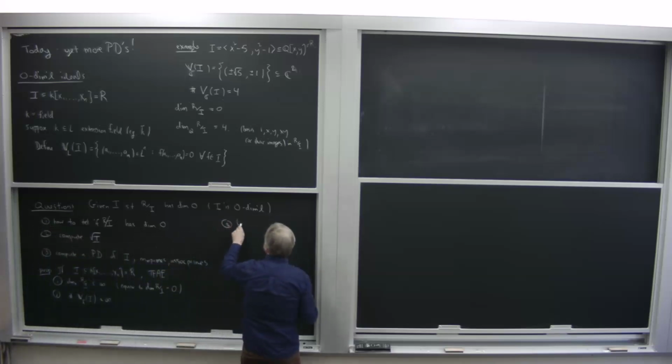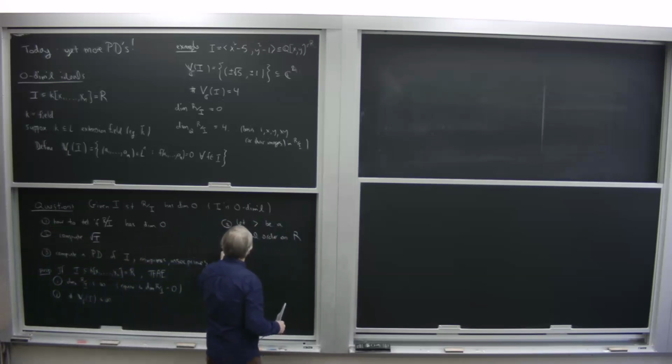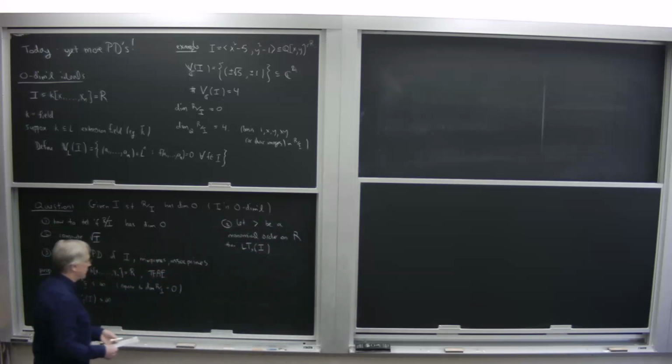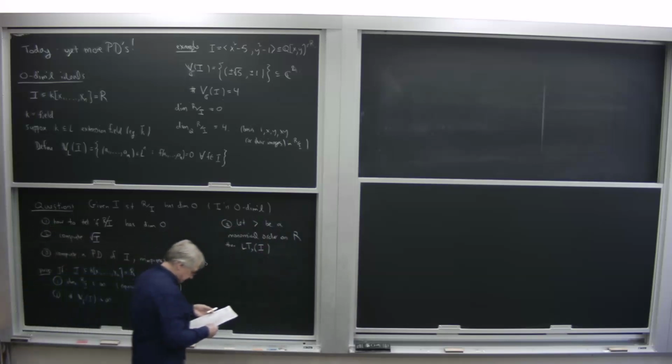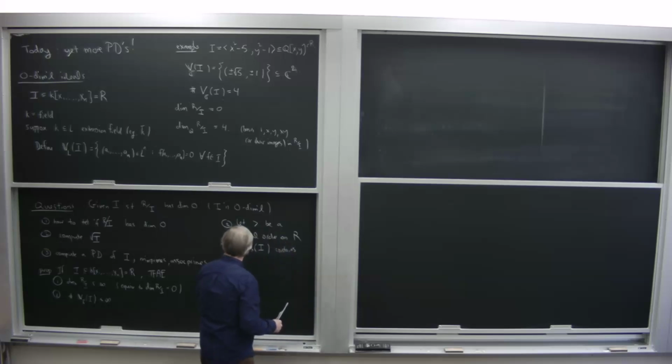And the third thing is, let this be a monomial order on R, on the monomials of R. Then the lead term ideal of I, so we just take a look at all the generators of the Gröbner basis and look at their lead monomials, contains a power of each variable, so x1 to the a1, up to xn to the an.